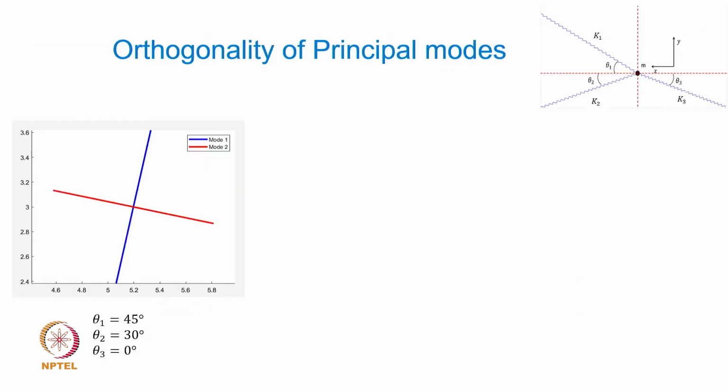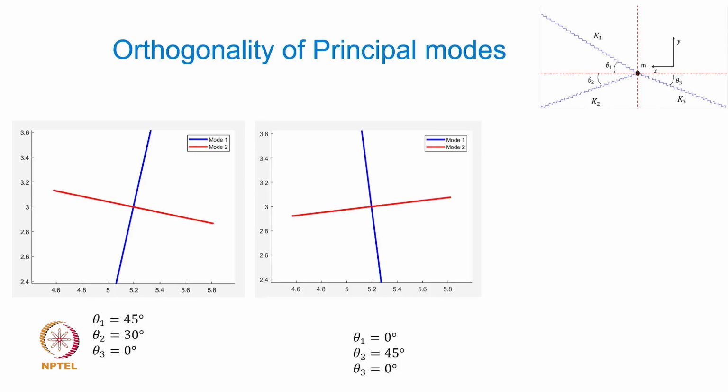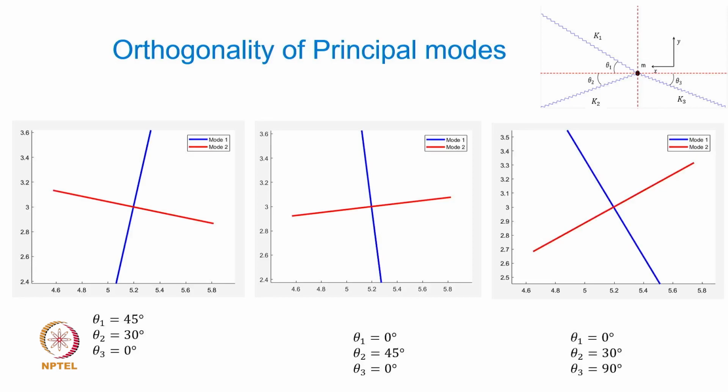I have used two more configurations of the spring orientations, and you can see that in each case, with the same spring constants but different orientations, the two modes are orthogonal to each other. Of course, if there are n degrees of freedom, then making a geometric visualization may not be convenient, and it's not possible.